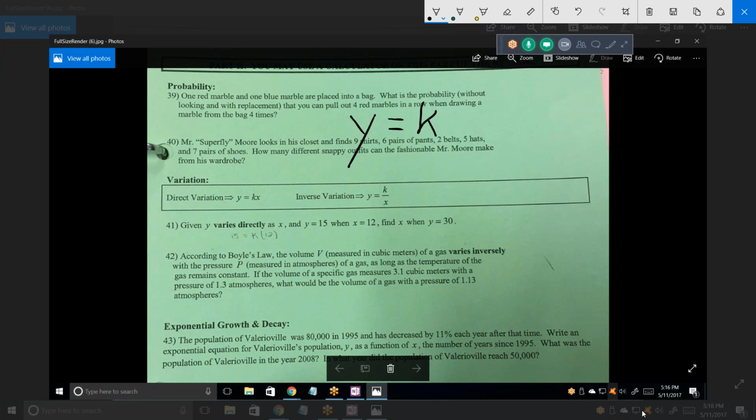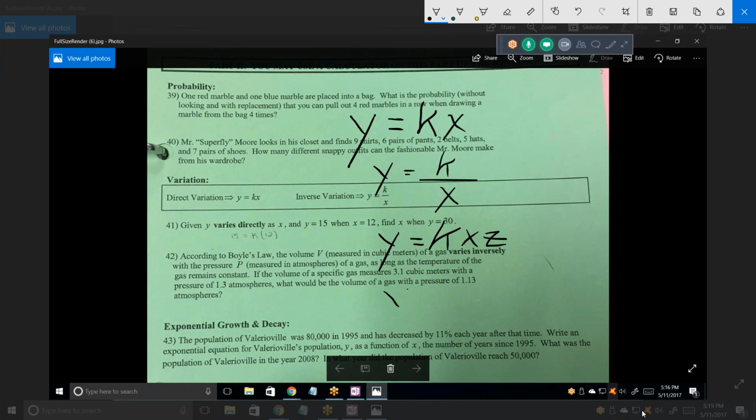If y varies directly with x, that's the equation. If y varies inversely with x, I still have a k, but the x goes there. If y varies jointly with x and z, I still have the k. Jointly means directly, basically.